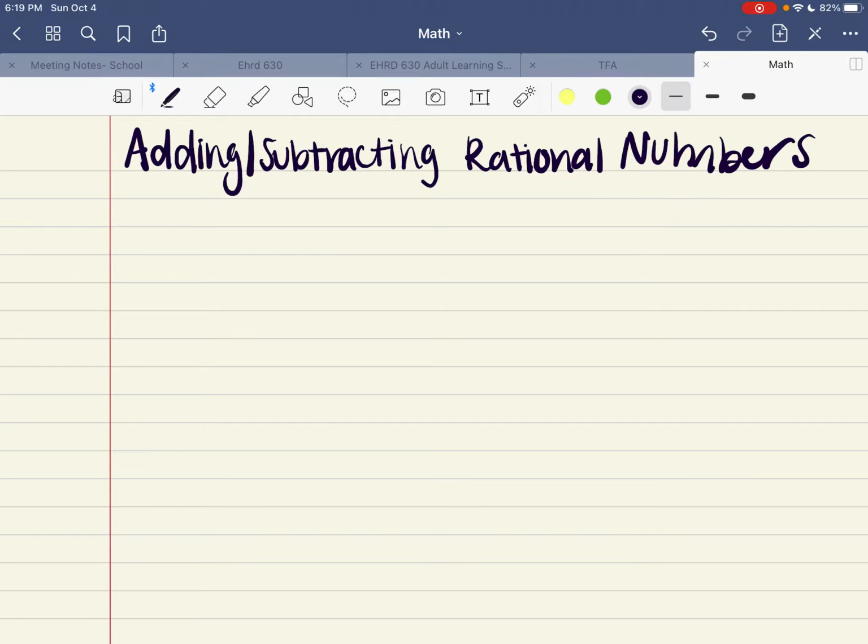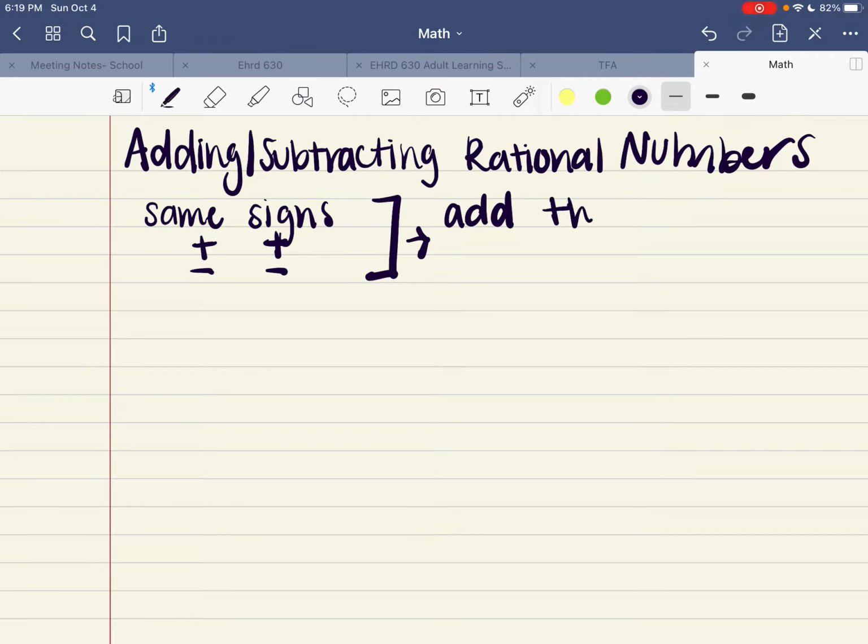Now, when we have the same signs, meaning positive and positive and negative and negative, we're just going to add the numbers and keep our sign.